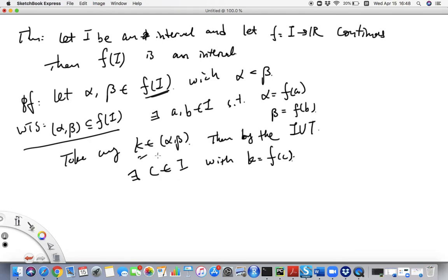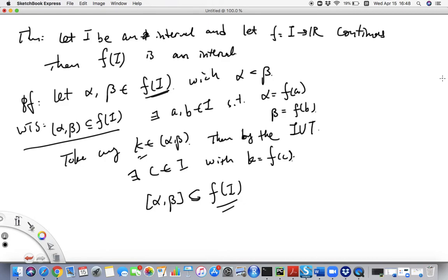Now k is arbitrary, so that implies the closed interval [alpha, beta] is in f of I. Okay? So f of I has the property that we just saw from the last theorem. Therefore, f of I is an interval.